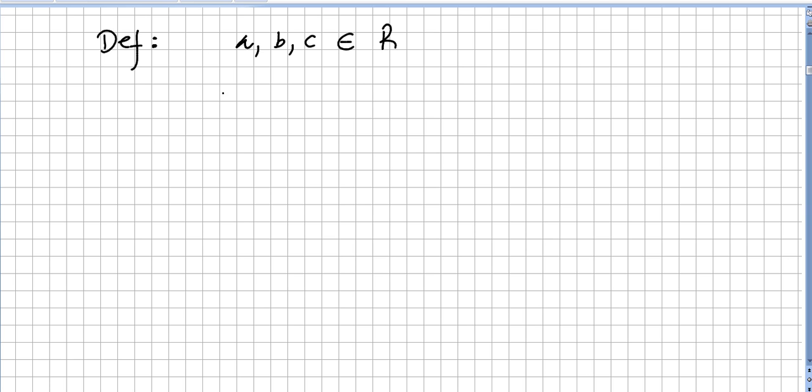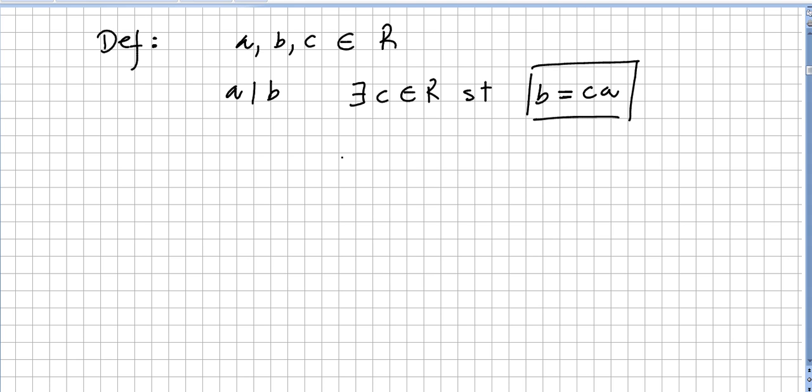We say that A divides B, or we can also say that A is a divisor of B, or B is a multiple of A. We say that A divides B, and we denote it this way, if there is an element C in the ring such that B is equal to CA.